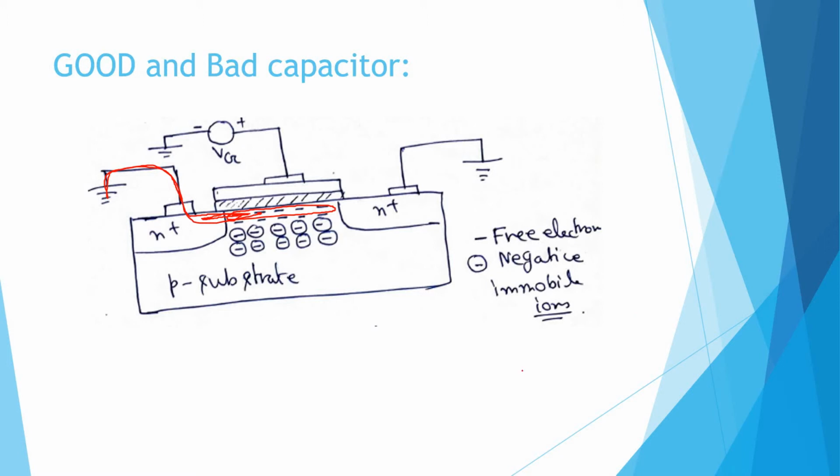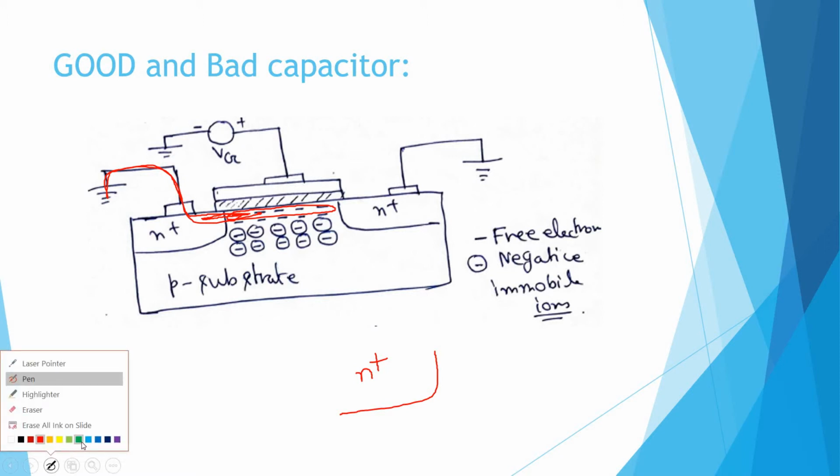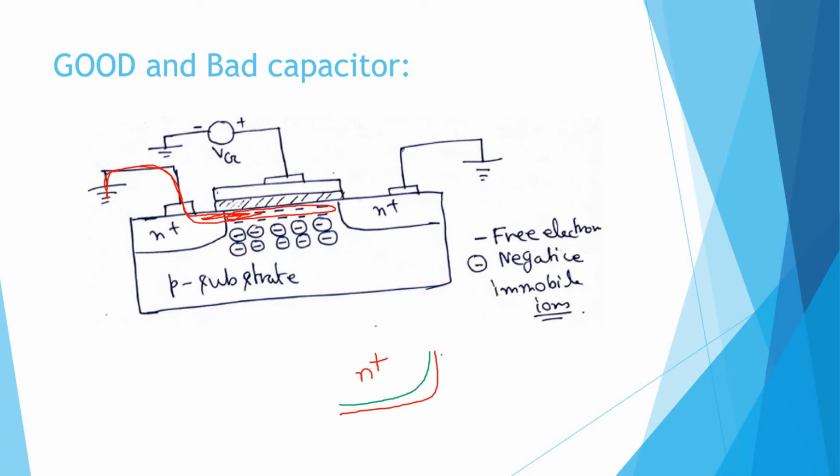Why? If you go deeper into the story, you can think like this. Suppose this is the N plus source. Now what will happen? You just try to understand in detail. Here, between the source and the substrate, one depletion region will already form.